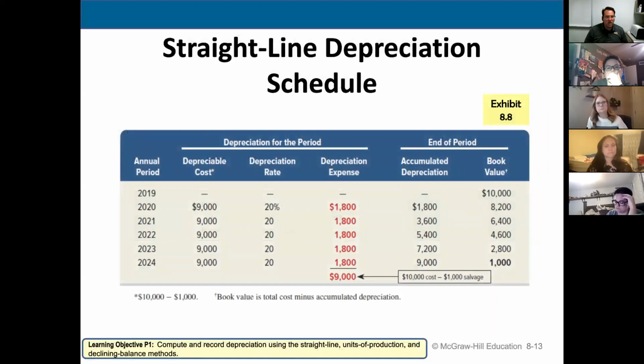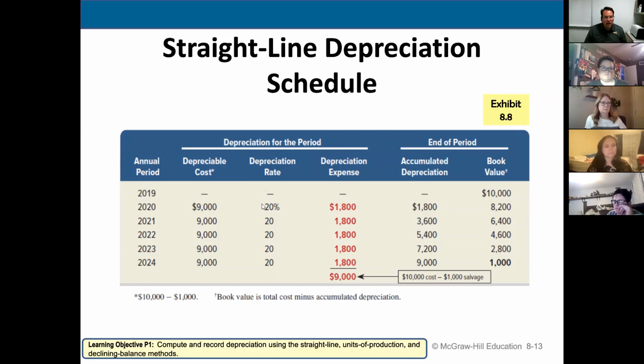Here's what a straight line depreciation schedule would look like. Our book value is the cost of the asset minus any depreciation. So when we purchase it, our book value is the same as our cost of acquisition. Then we'll recognize in these next years, there's a depreciable cost. That's the asset cost minus the salvage value.